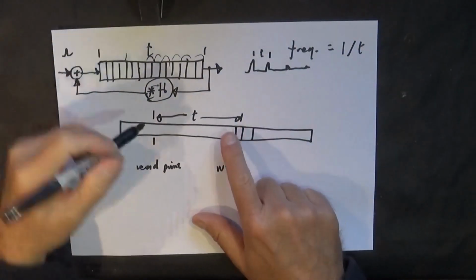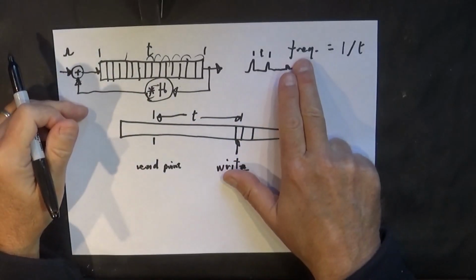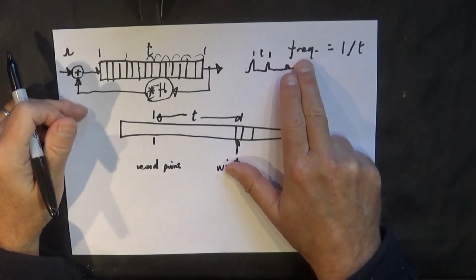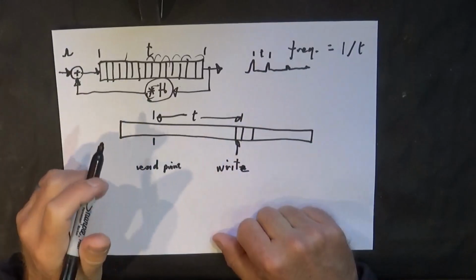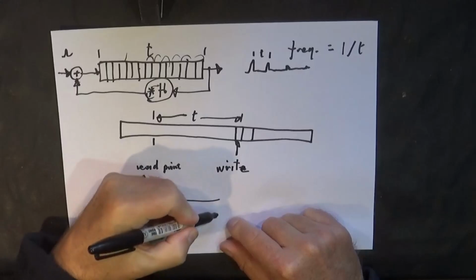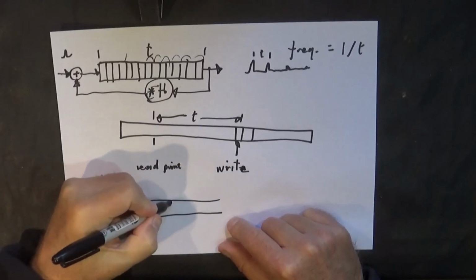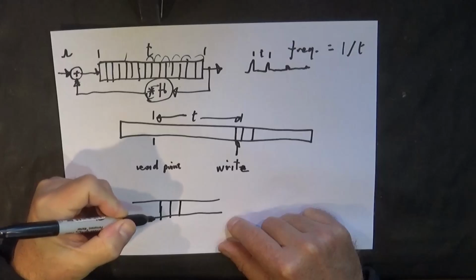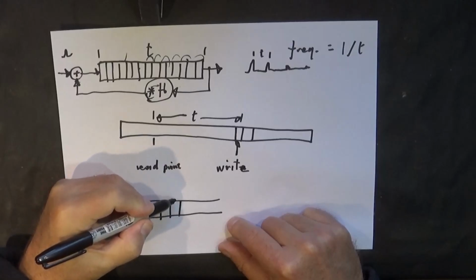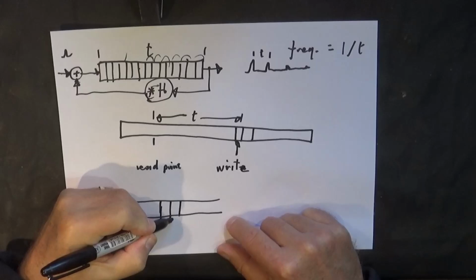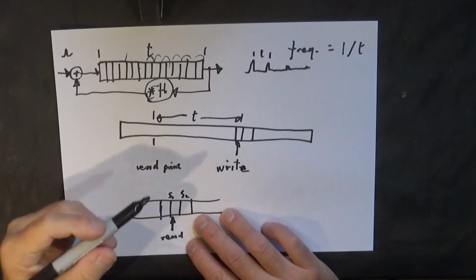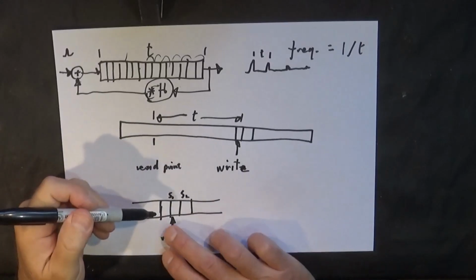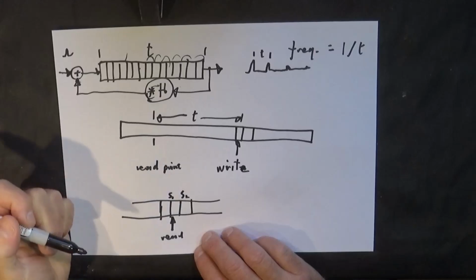Also, since this T time gives us our frequency, it might be anything. It's not necessarily going to correspond to T being a whole number of samples. So instead of our read point being that sample or that sample, it might be here in the middle. Okay, so our read point is between S1 and S2.